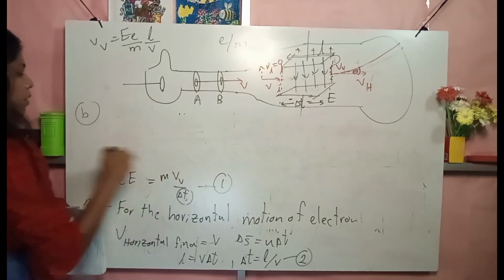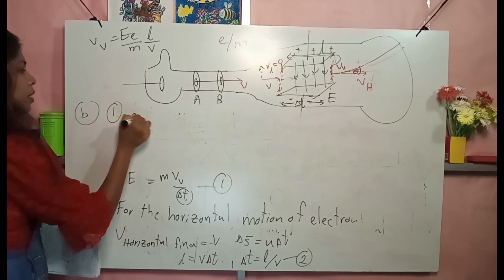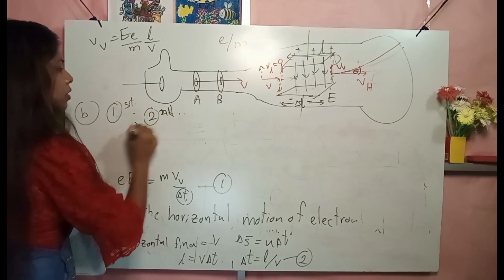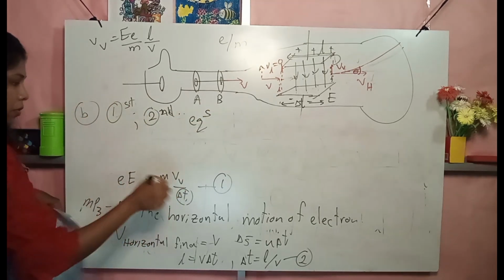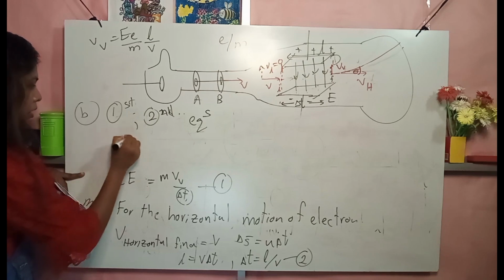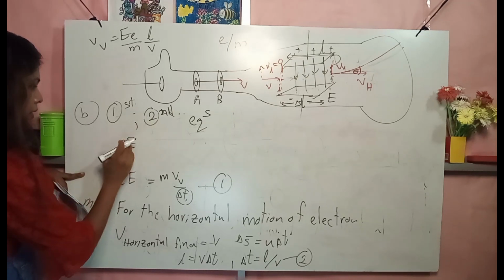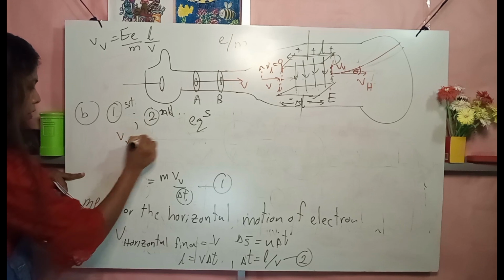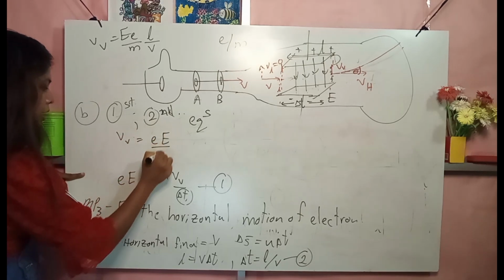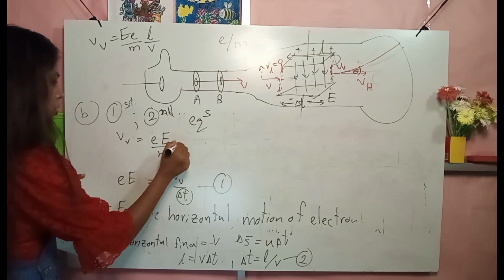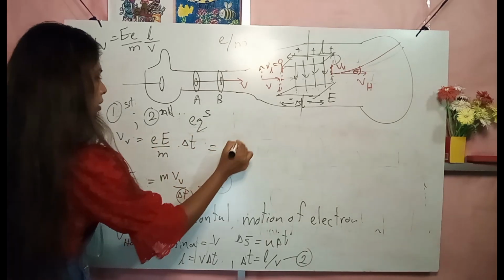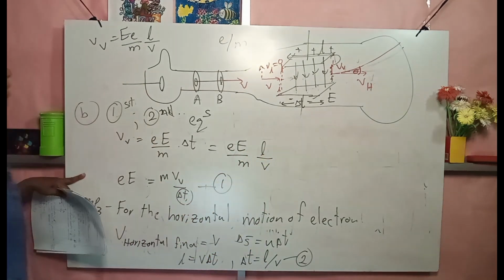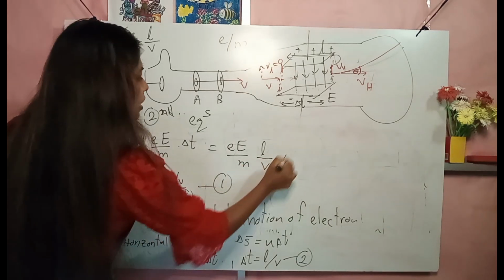Applying the second equation to the first equation, from the first and second equations we can write eE equals m VV divided by delta T, and with delta T equals L divided by V, the given equation was proved.